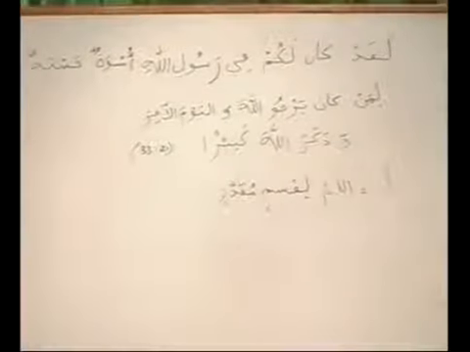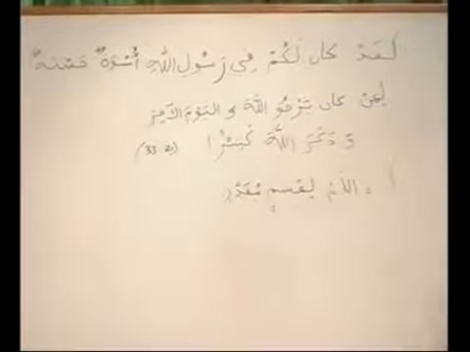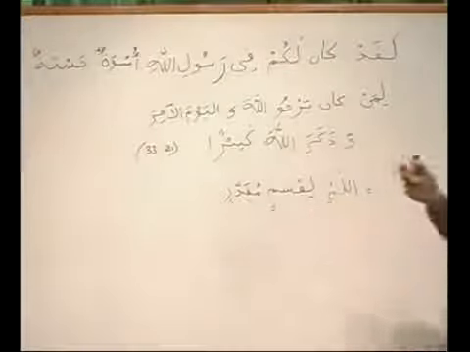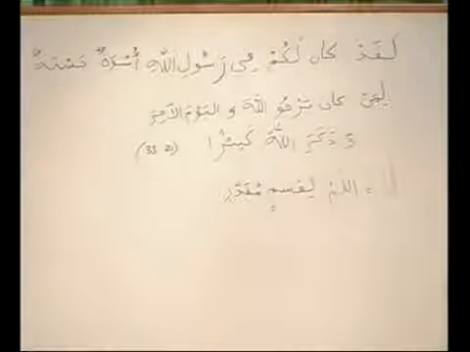Okay? In this case, the qasam is estimated to be there. It is estimated that there is a qasam before it, which is not mentioned. It's mahdhuf. So now lam is liqasmin muqaddara, estimated qasam. And then what is qad? Qad comes with fi'l madi for tahqiq.